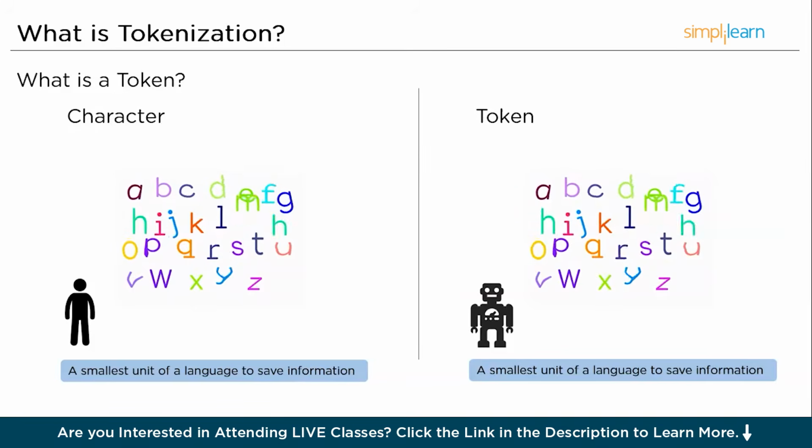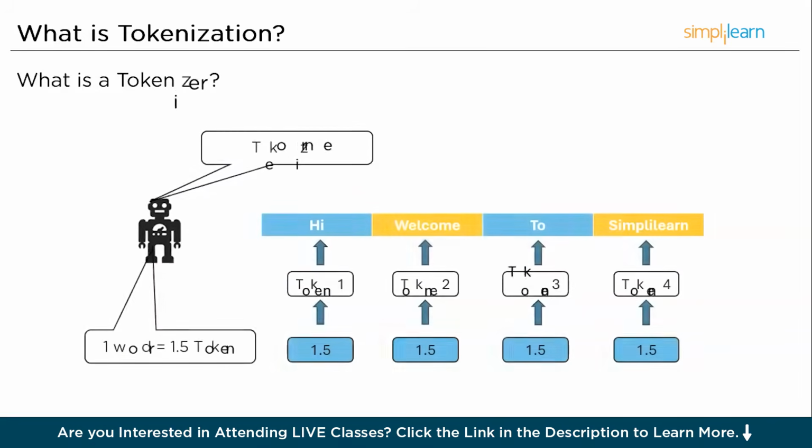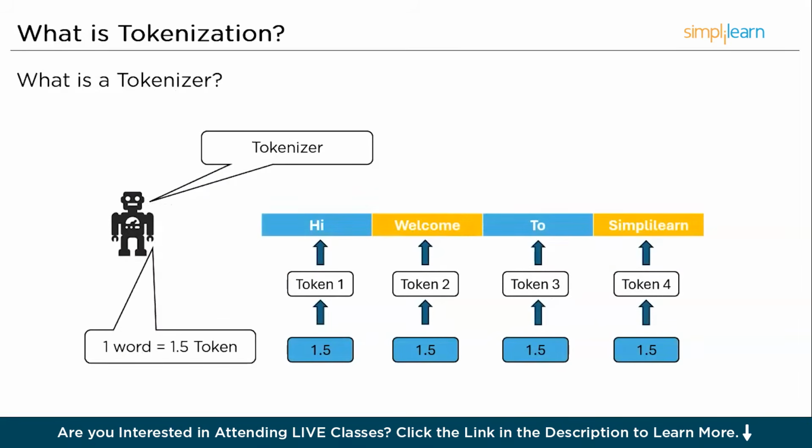So let's take a look at the example on my screen. Here I have written a small statement: Hi, welcome to Simplilearn, right? Here you can see the first box, hi, is a token. Second box, welcome, is also a token. Similarly, so on. Now, the tool that converts language into tokens is called a tokenizer.